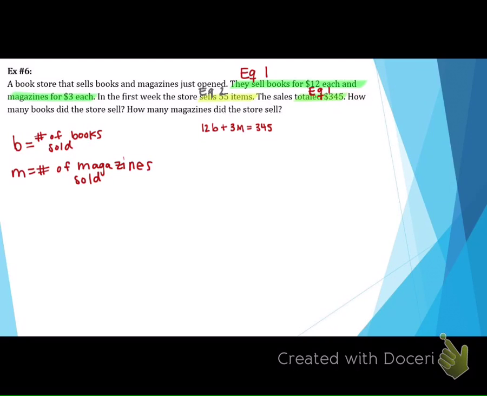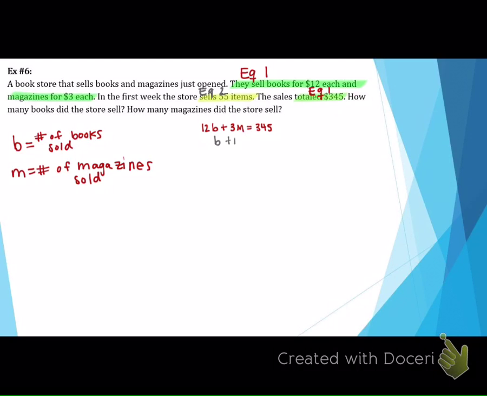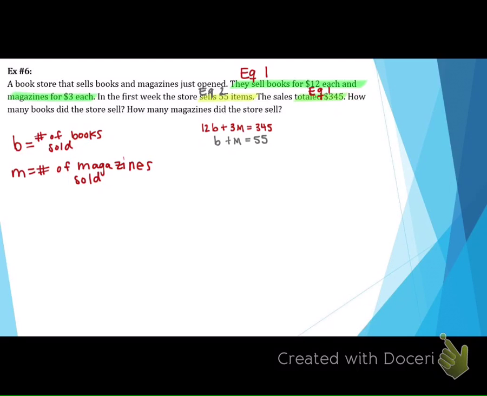Carly, they sold a total of 55 items. How would you write that up? The number of books sold plus the number of magazines sold have to come out to be 55. All right, one of our variables is isolated, right?